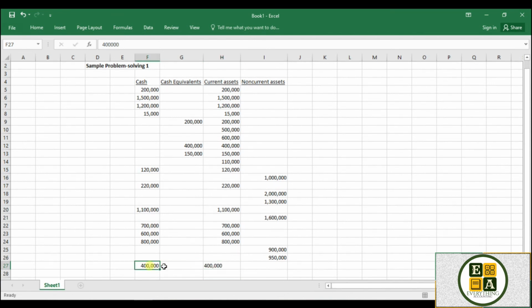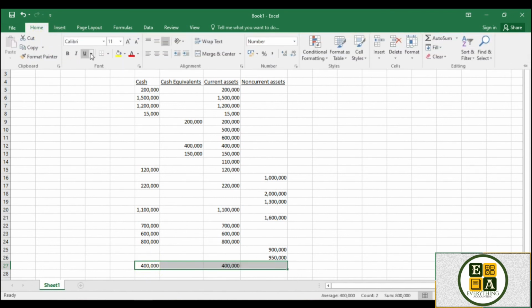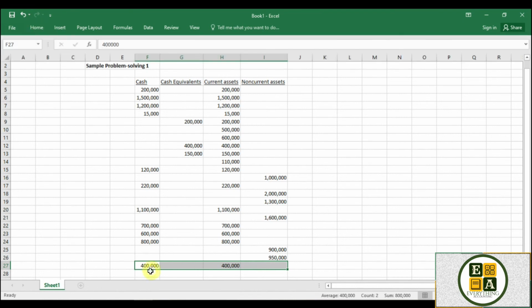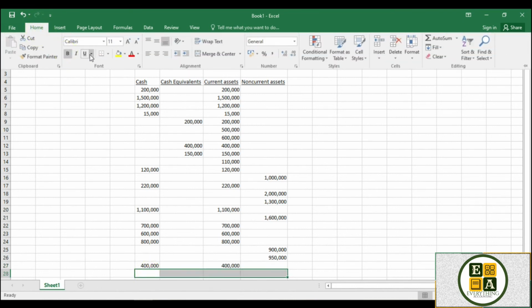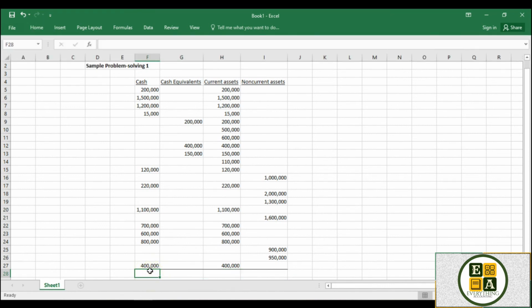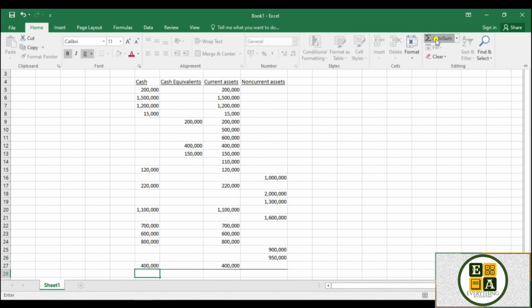So, to sum up, yung total ng apat na to, so, to sum ko na lang.